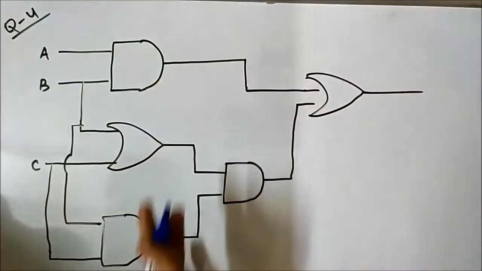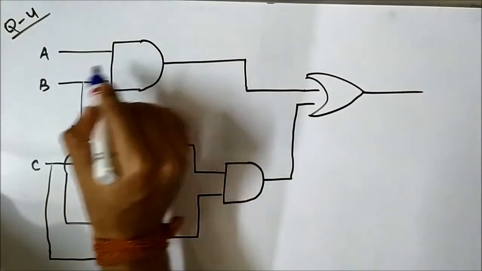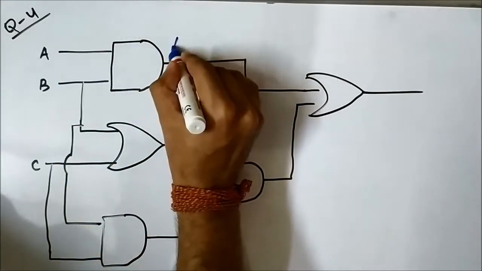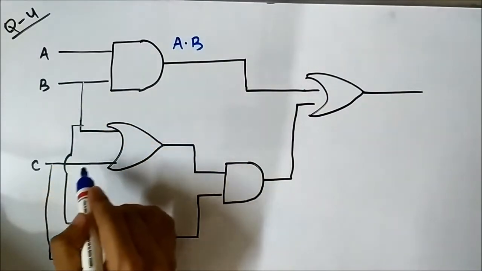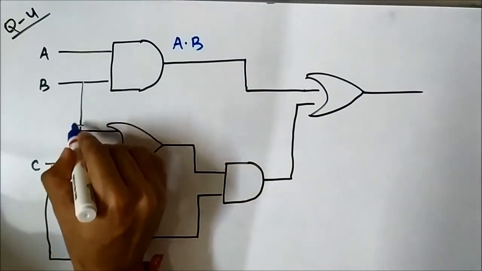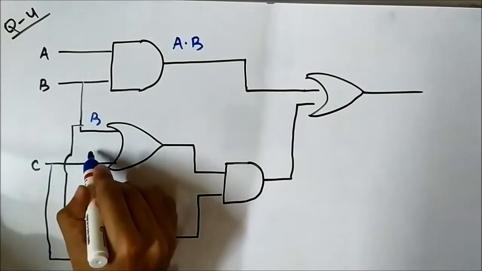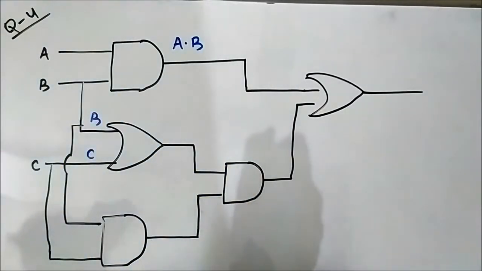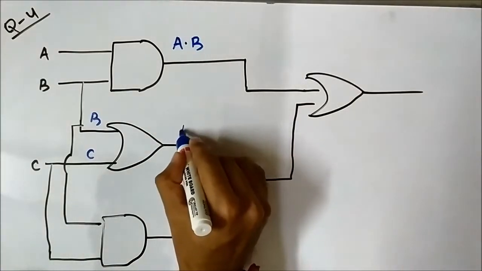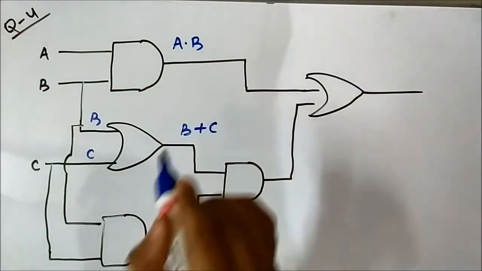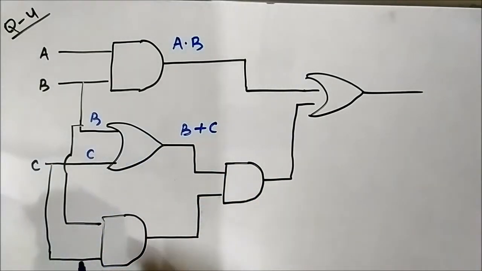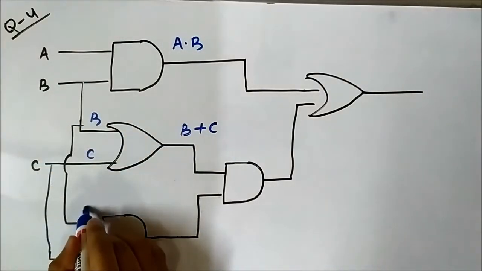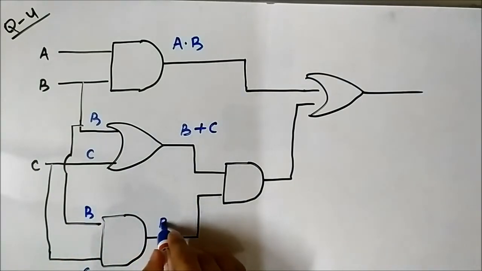In the first layer, to this AND gate, the two inputs are A, B, so the output will be A and B. Here, to this OR gate, the inputs are B and C, so the output will be B or C. To this AND gate, the inputs are C and B, so the output of this AND gate will be BC.